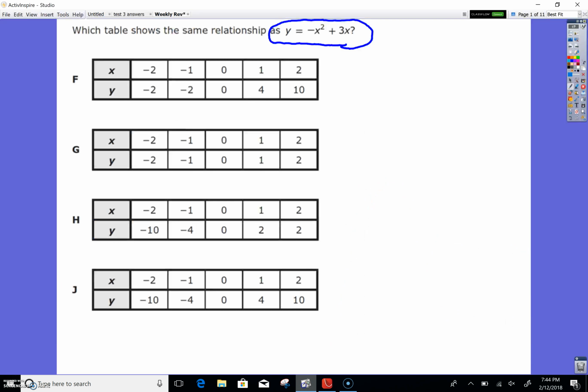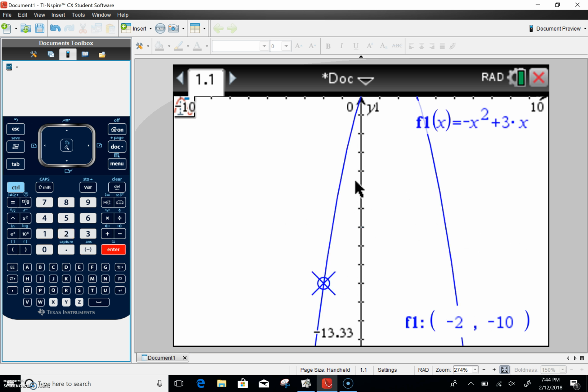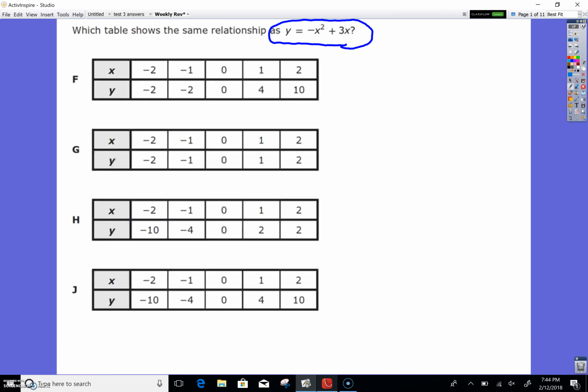So on number 1, they have negative 2. So I type in negative 2. Negative 2 gives me negative 10. So F and G is wrong because those numbers are wrong, negative 2 and negative 10.